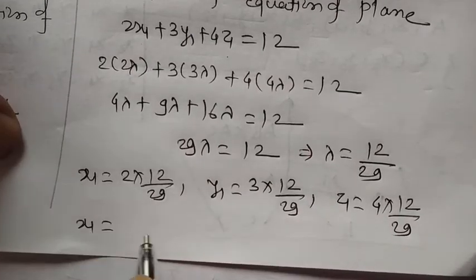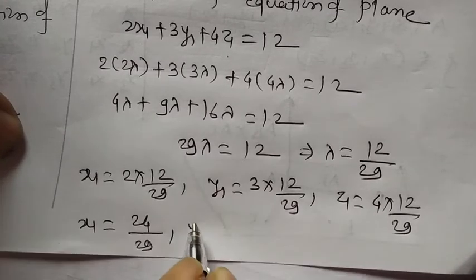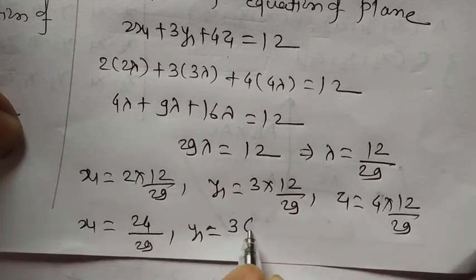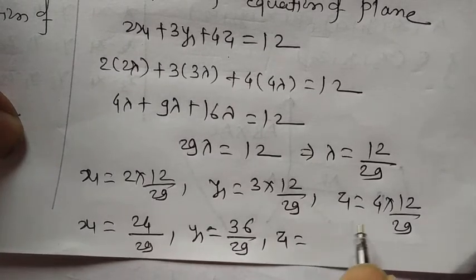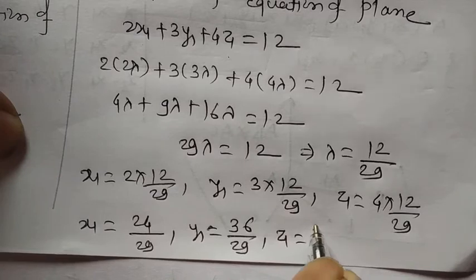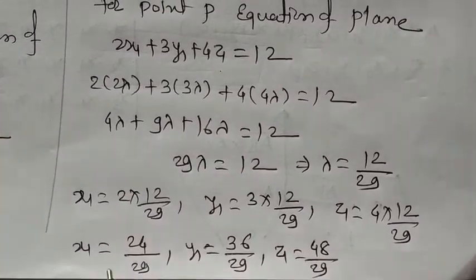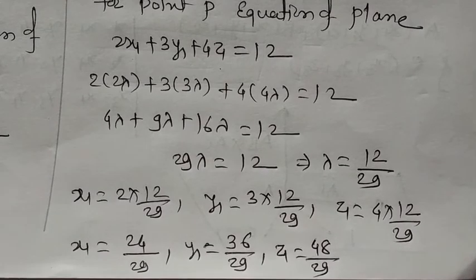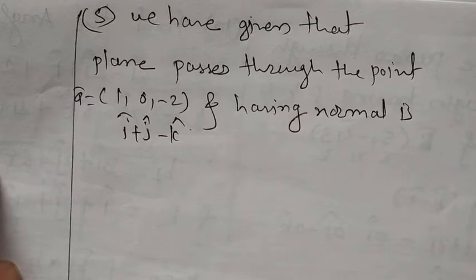Then x1 is equal to 24 by 29, y1 is equal to 36 by 29, z1 is equal to 48 by 29. And this is the foot of the perpendicular x1, y1, z1. The foot of the perpendicular is 24 by 29, 36 by 29 and 48 by 29. You can easily do all the other remaining examples.